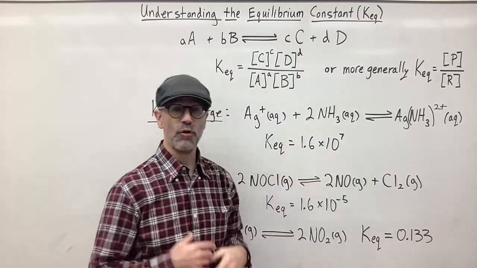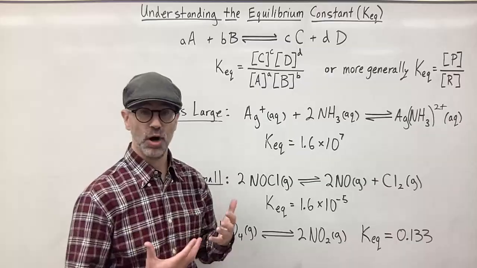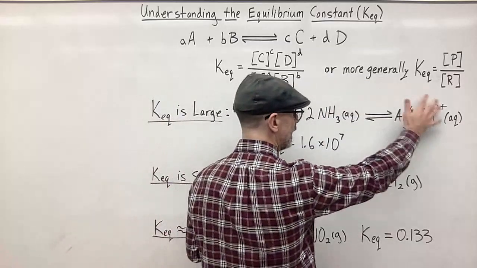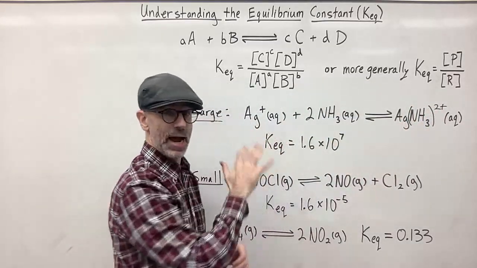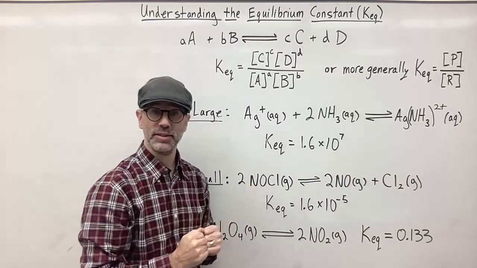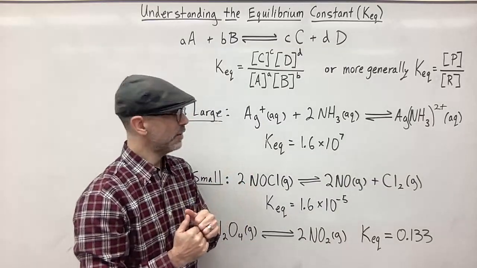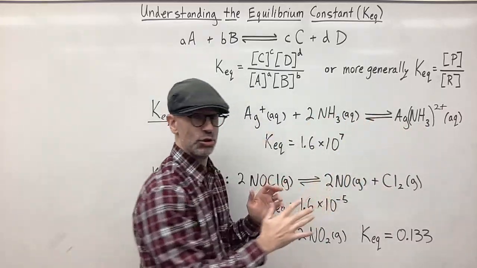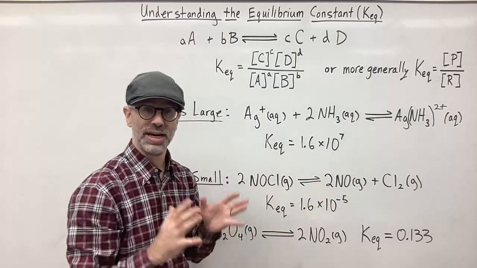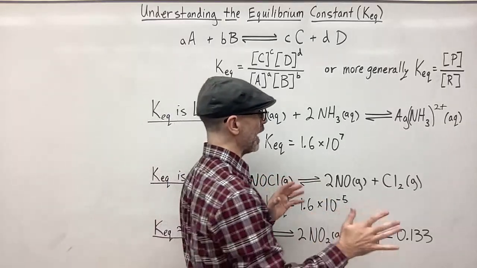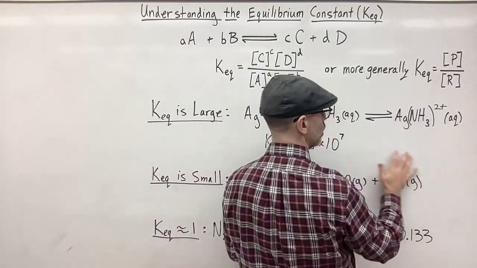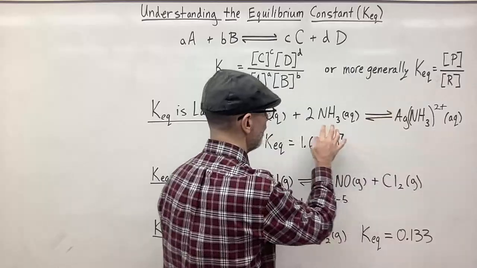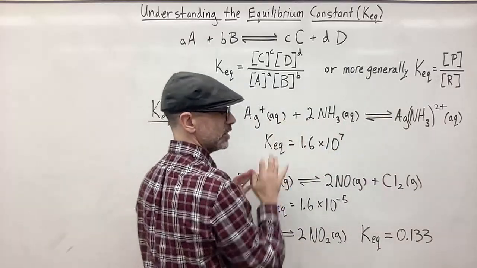So if I was to take a snapshot of what this looks like in the solution at equilibrium, if I was able to take a microscopic picture, then I would see all three of these in solution. They would all be there. However, I would have a huge amount of this in solution and very little of this.